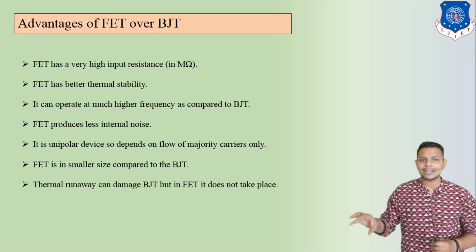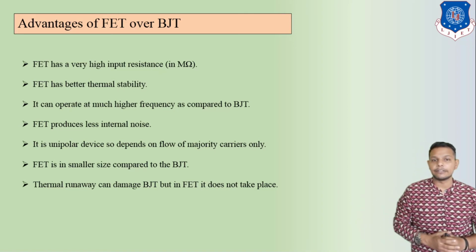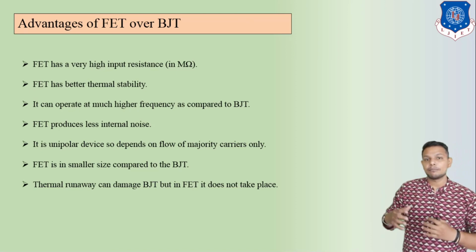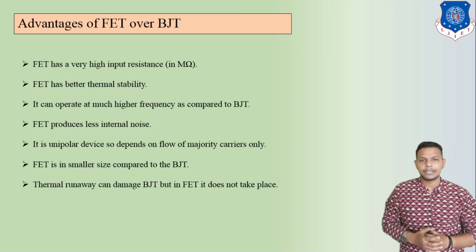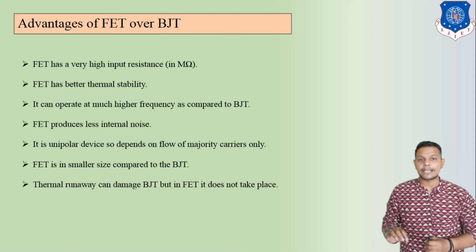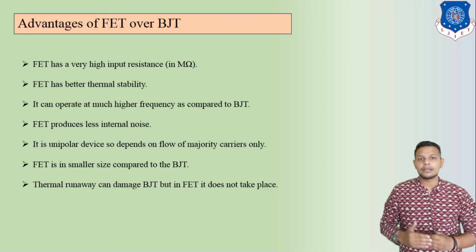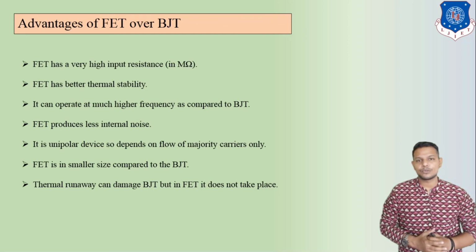It is smaller in size compared to the BJT. And the most important thing, thermal runaway: thermal runaway can damage BJT, but it does not take place in FET. So this is the main advantage of using FET.